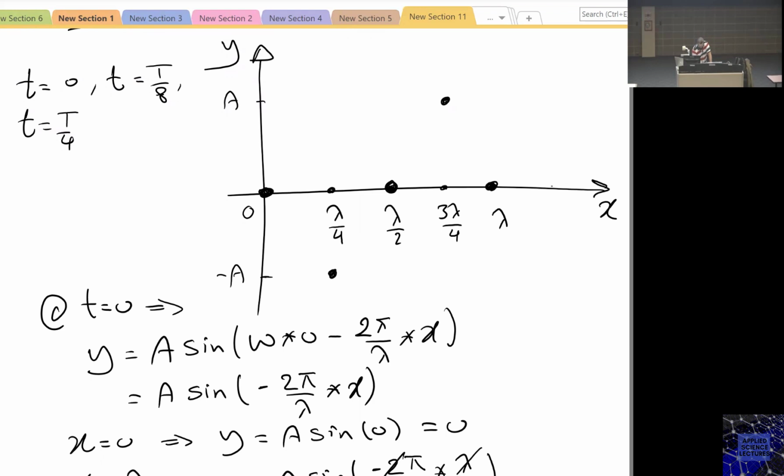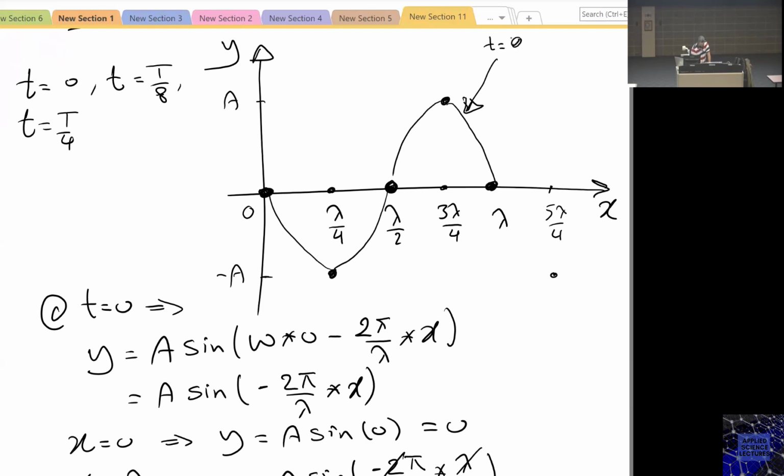If I continue even for 5 lambda over 4, I would be getting the point to be minus A. Now, if I am to draw this function, then this function is going to look like this. So this is for t equals 0. This is the wave function for t equals 0.